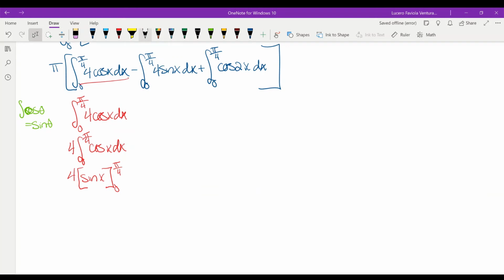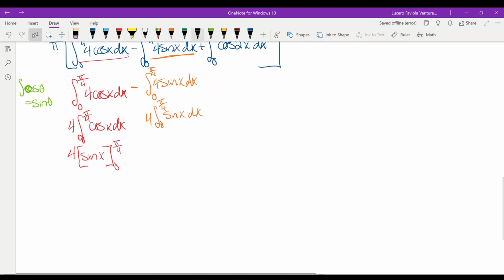And now we'll integrate our function in the middle. And I'll do this in orange so we can differentiate it. And so we're subtracting it from that integral, and it's 4 sine x dx from 0 to pi over 4. Again, we take out the constant 4, integral from 0 to pi over 4, sine x dx.